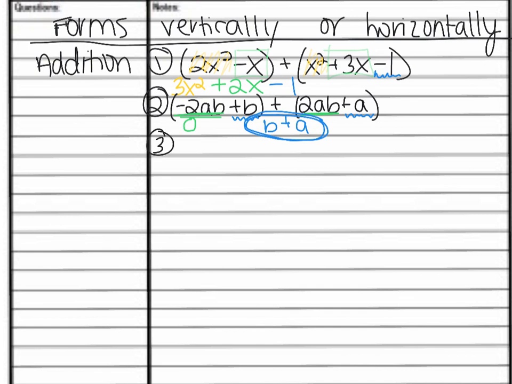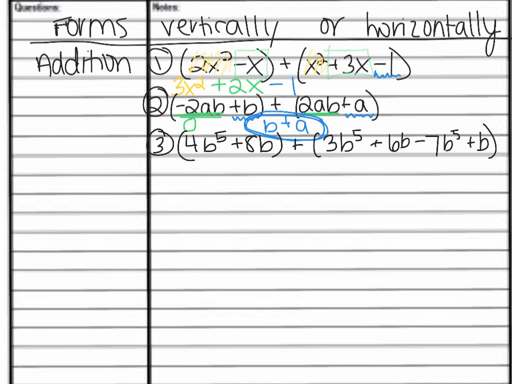Example 3, I'll have 4b to the 5th plus 8b plus 3b to the 5th plus 6b minus 7b to the 5th plus b.